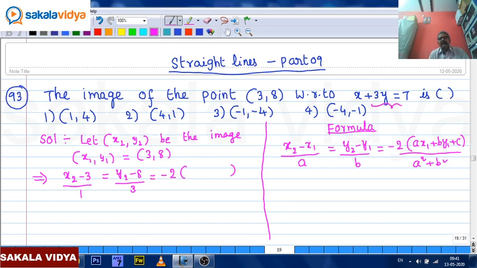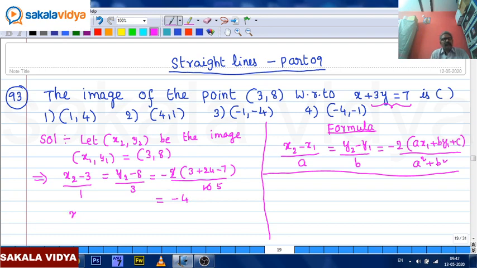In this line substitute 3 comma 8: 3 plus 24 minus 7, upon a square plus b square. A is 1 square, b is 3 square, 9 plus 1, 10. So this equals minus 2 times 20 by 10, which is minus 4.